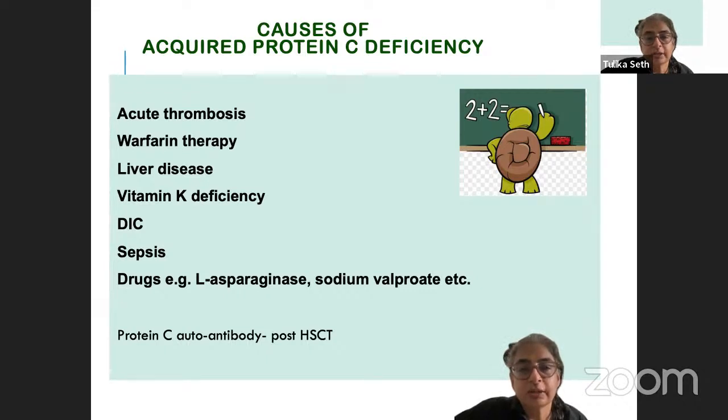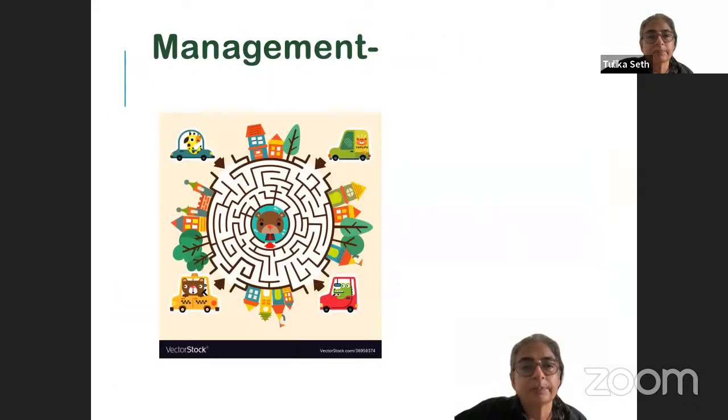So it's important to understand that it may not be a permanent deficiency that you're seeing, and it may be something treatable, particularly if this is found in patients outside the newborn period.